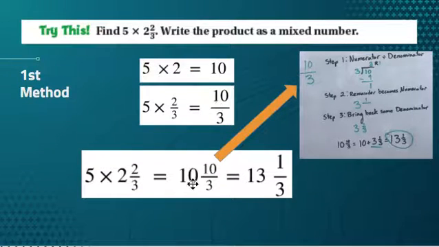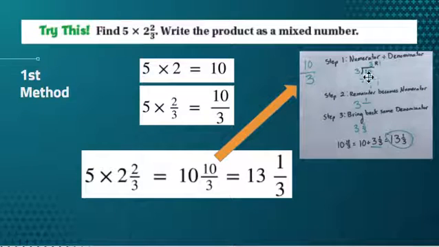I have to put them together. So I end up with 10 10/3. But oh no, we ran into a little bit of an issue here. This still doesn't quite count as a mixed number because this fraction right here is improper. So I need to go back and follow my steps on converting it back to a mixed number.